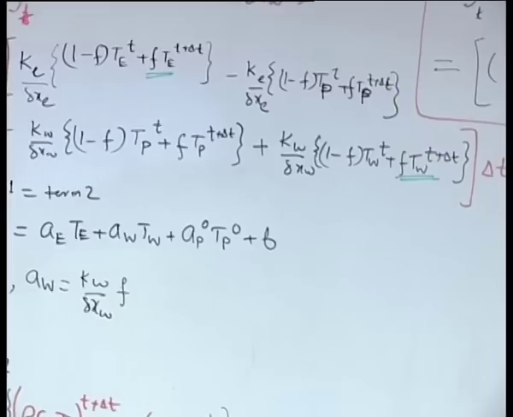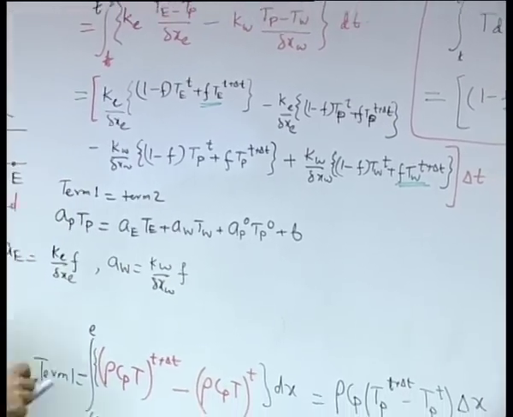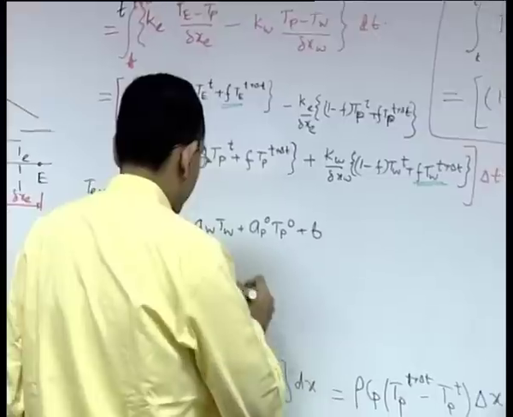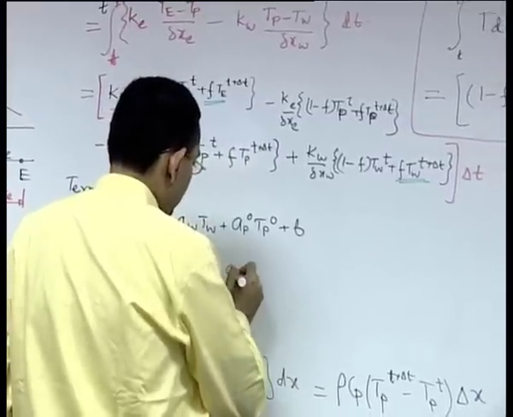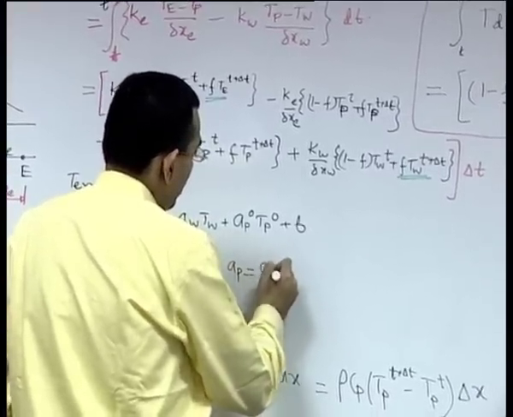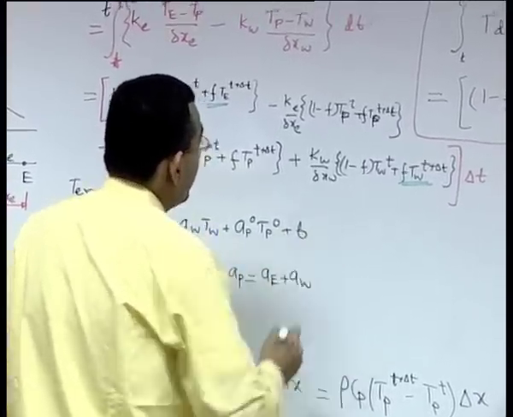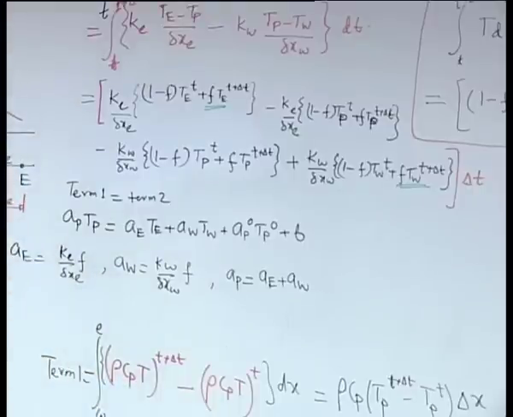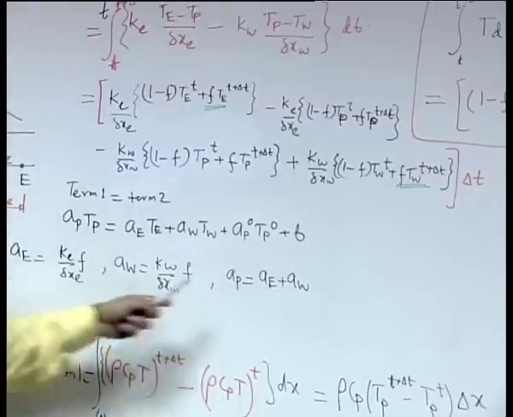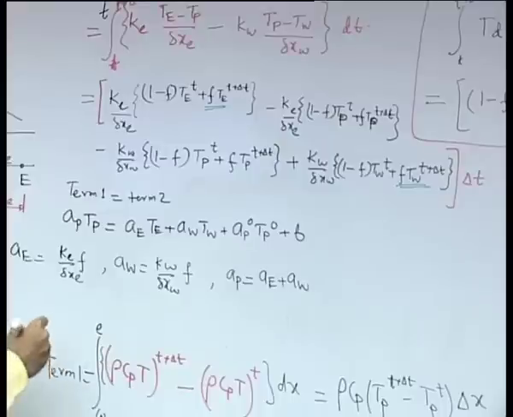Then AP is AE plus AW plus something, we will write that plus something, but let us first write what is AP0.